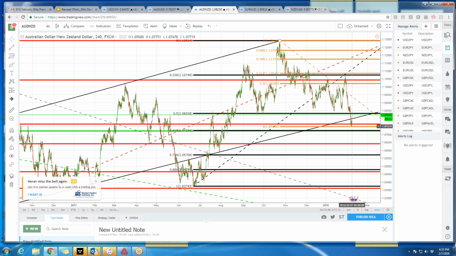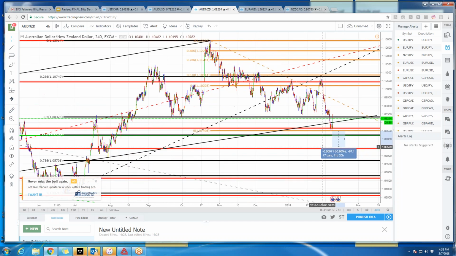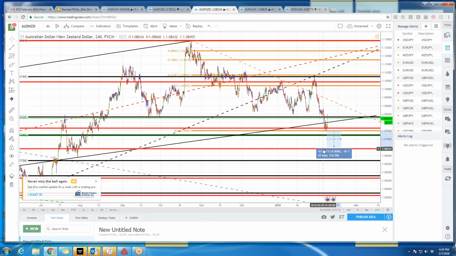So if it closes below here, it wanted to come all the way down there, but it could stop right here at this red 61.8. But that's still 90 pips. Sounds like a winner to me. Damn right.